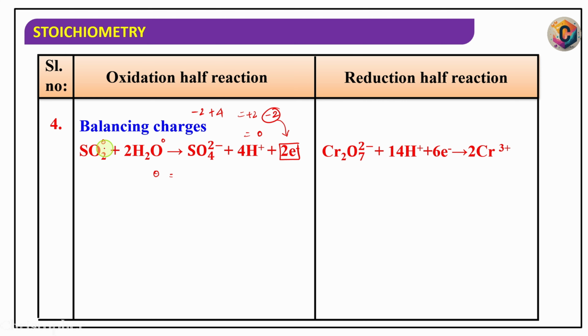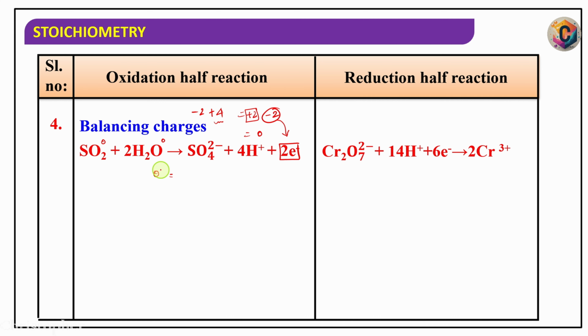Since on the left hand side I have neutral molecules, the net charge is 0. So to balance the charge, I have to introduce 2 electrons, because we have on the sulfate ion a minus 2 charge, and since I have 4 H plus, I have 4 positive charges, the net charge is plus 2.